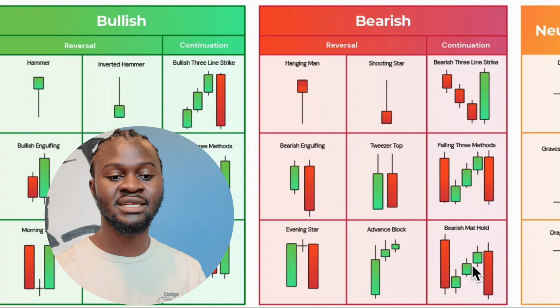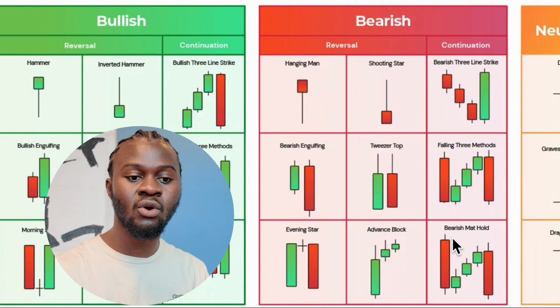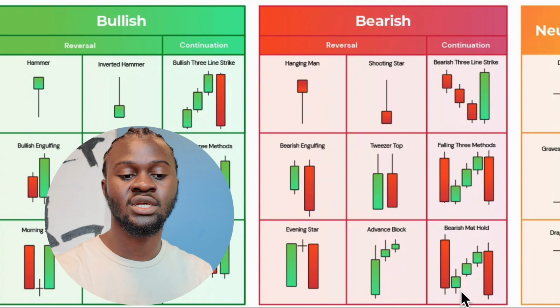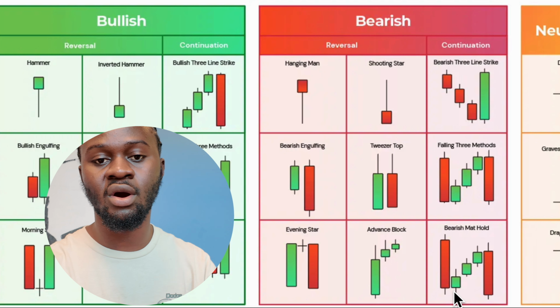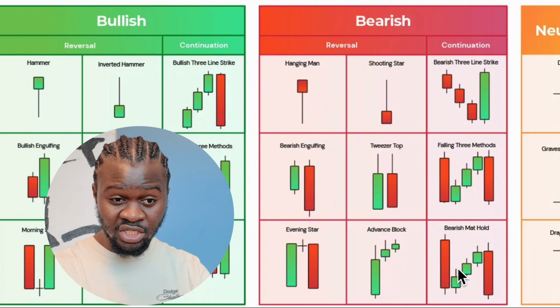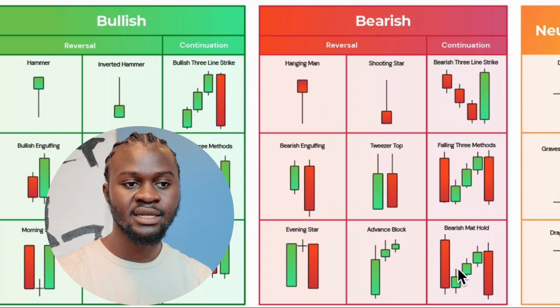Doesn't really matter what these 2 are, which color they are, but just make sure they don't close below the first candlestick. The last candlestick must close below the low of the first candlestick, signifying there's a continuation in the downtrend.